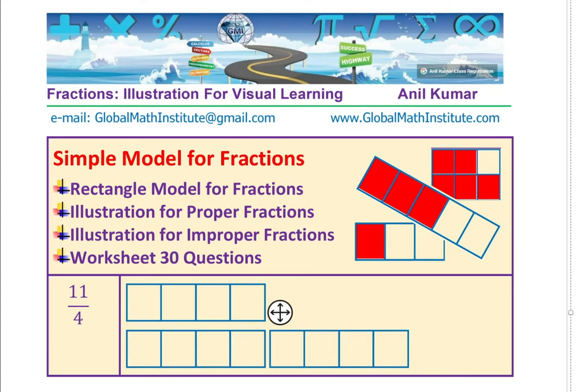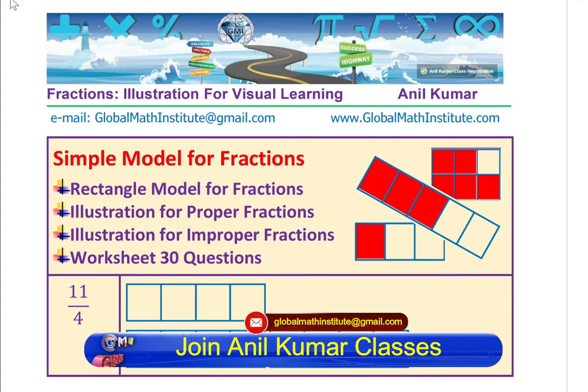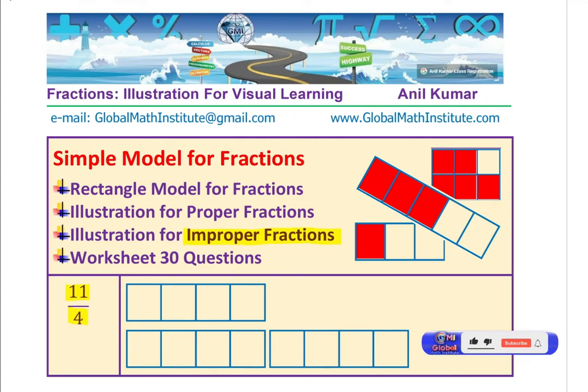Now let's take up improper fraction. So this time we have 11 over 4. Definitely this is improper fraction where the numerator is higher than the denominator. Now how do I begin solving this kind of equation? We are trying to get 1/4. So what we do here is, we take a rectangle, right?